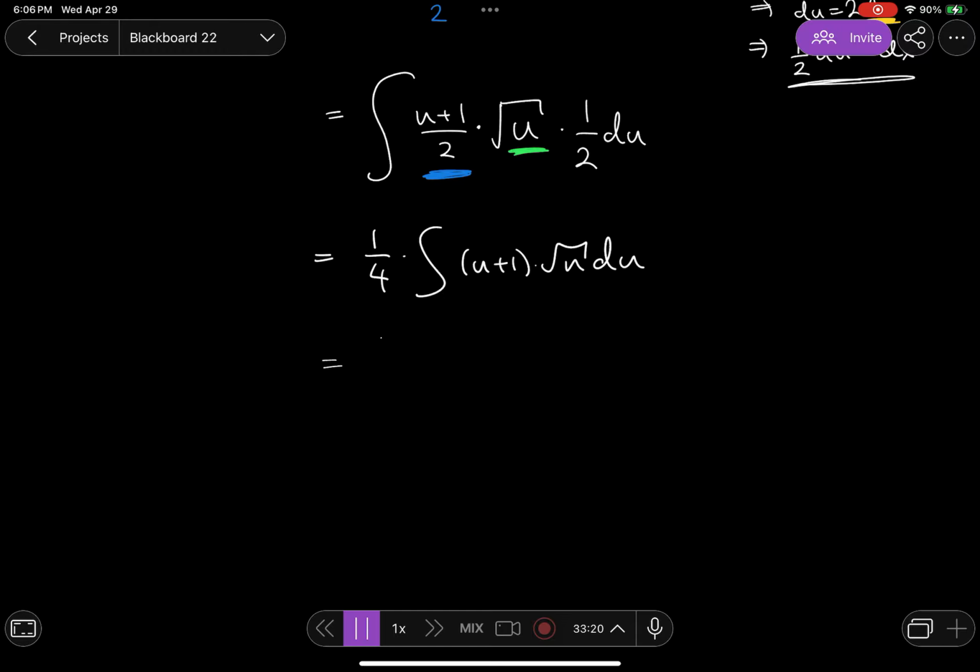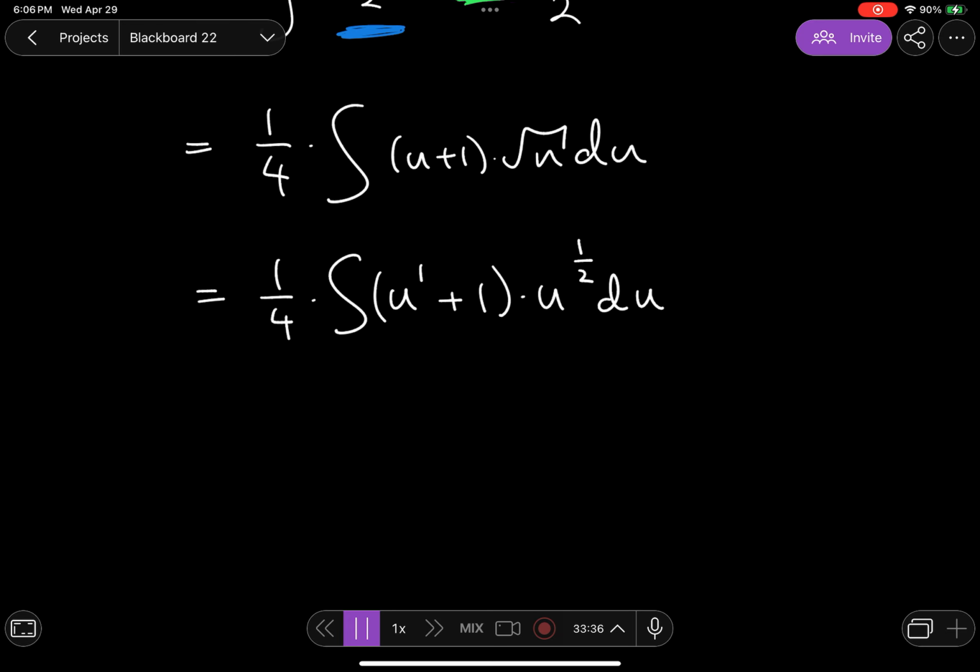That is the same thing as 1/4 times the integral of u to the first power plus 1 times u to the 1/2 power. I'm going to show a lot of work here. You can certainly skip a lot of these steps if you feel that you know what you're doing. Of course, this is the same thing as 1/4 times, no calculus here, I'm going to use the distributive property.